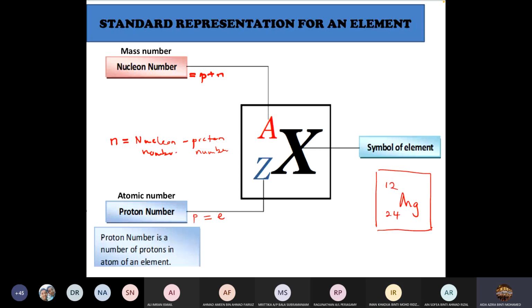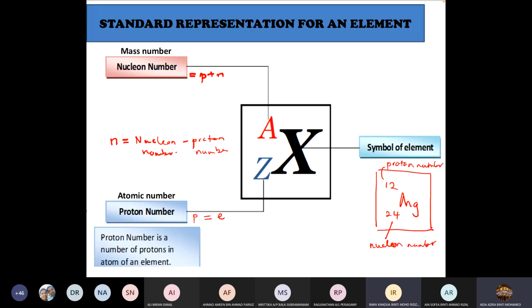It depends on the periodic table. So always remember the larger number is the nucleon number. Very good. So therefore 12 is the proton number.